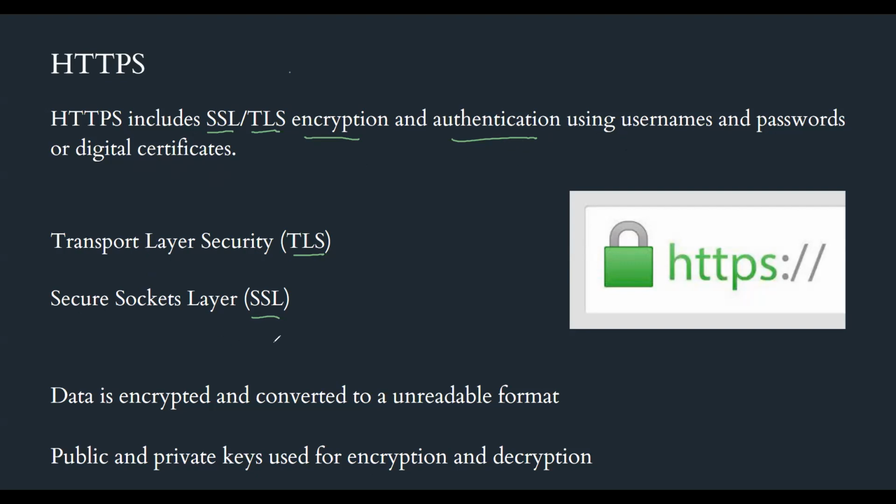Once we talk about the TLS protocol, it is using an encryption method to encrypt the data that is sent by the client. For example, if the client is sending information, the data that he's sending will be transformed into an unreadable format.